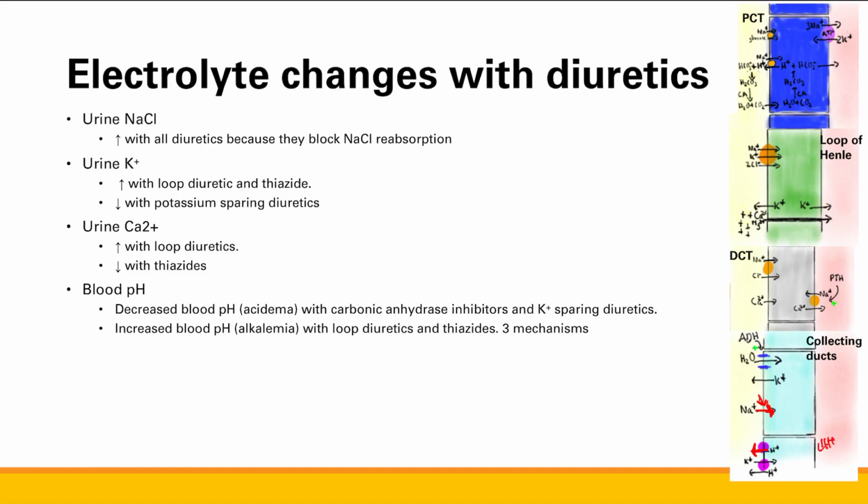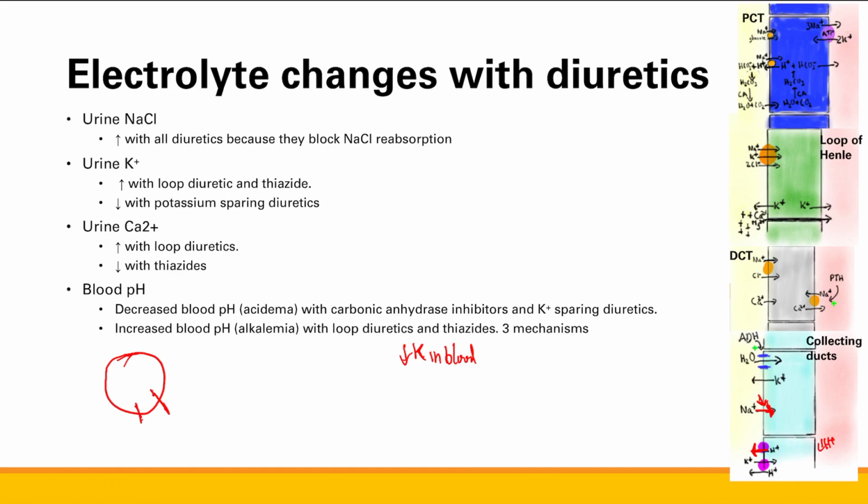Now the other 2 causes are related to potassium loss, okay? Remember that both of these cause potassium loss in the blood. Loop diuretics and thiazides increase your potassium in the urine. Now, what is going to happen? Well, remember I talked about inside the cells, we have the potassium H plus exchanger.